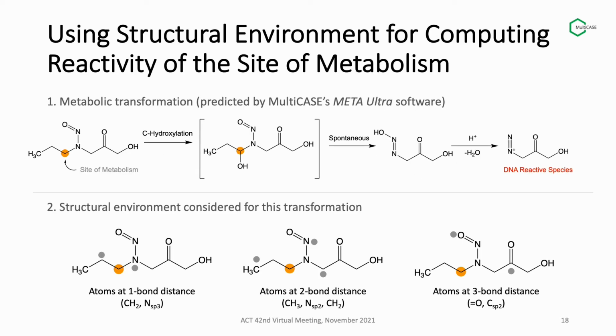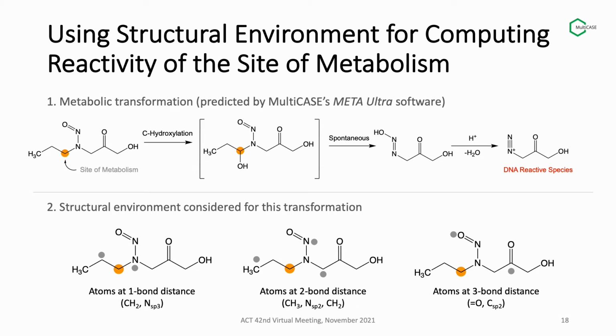So in this slide, I'm showing the use of the same concept of predicting the reactivity of a site of metabolism, but now using a specific nitrosamine. This nitrosamine was inputted into our MetaUltra software to predict its metabolites, and as you can see, the program was able to give us the DNA reactive species. But I'm just trying to show you this process of predicting that metabolite.